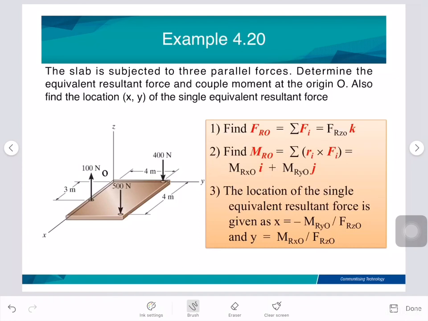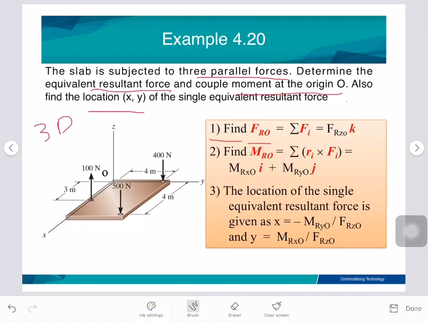4.20. So 4.20, the slab is subjected to three parallel forces. Determine the equivalent resultant force and couple moment at origin O. Also find the location X, Y of the single equivalent resultant force. So this is a 3D case. Alright, number 1, you need to find the force resultant.